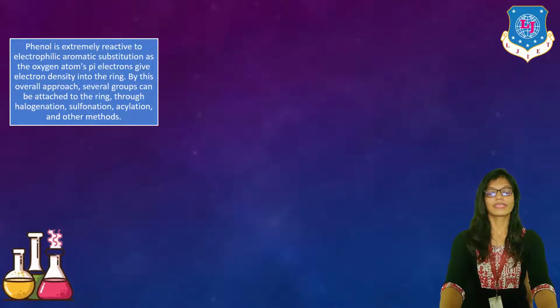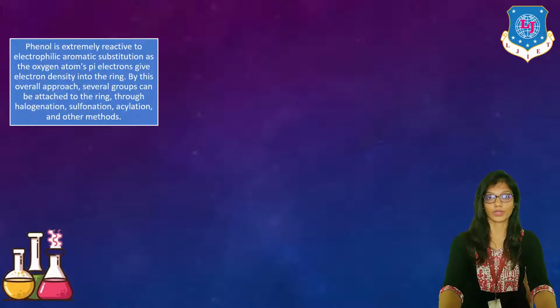So phenol is extremely reactive to electrophilic aromatic substitution as the oxygen atom's pi electrons give electron density into the ring. So by this overall approach, several groups can be attached to the ring through halogenation, through sulfonation, through acylation and other methods.